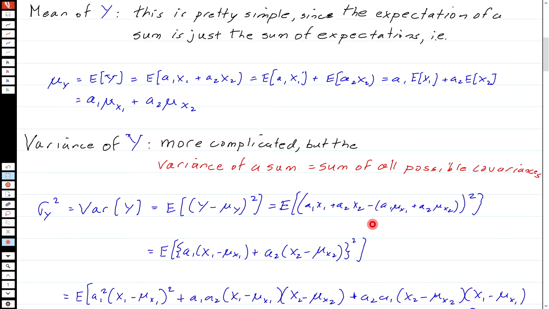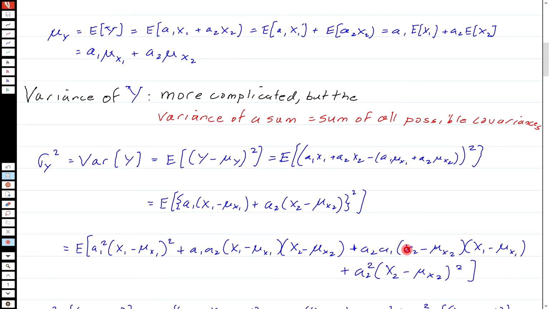If we look through this thing, we can collect terms. For example, the terms that involve a1 are a1 times x1 minus mu x1, plus a2 times x2 minus mu x2, quantity squared. And now I complete the square.